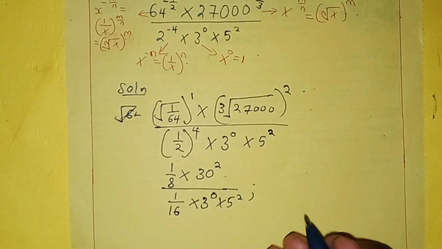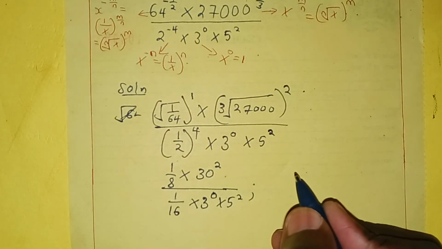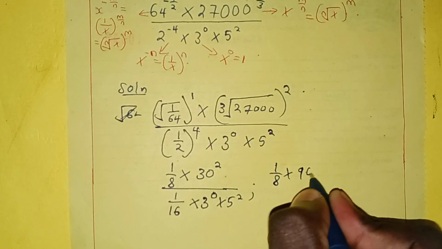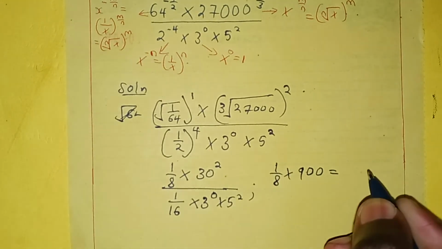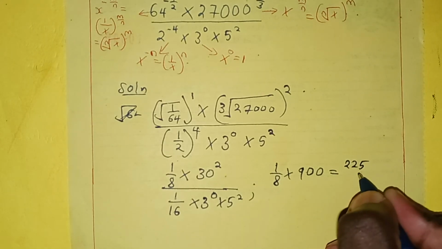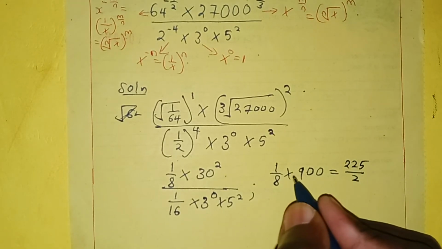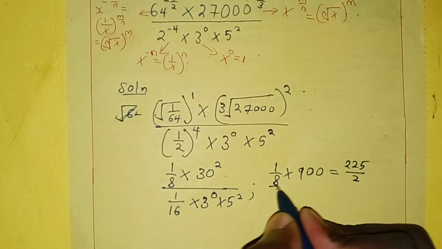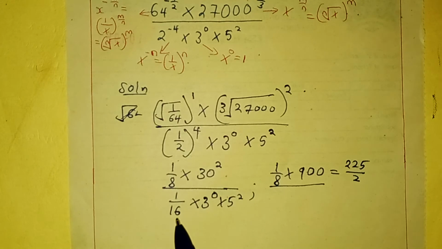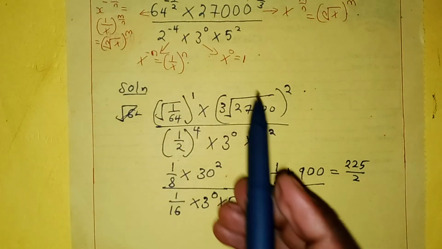Now 1 over 8 times 30 squared. 1 over 8 times 900 is 225 over 2 when you simplify this, then over 1 over 16 times 3 raised to 0, which is 1 according to this law.